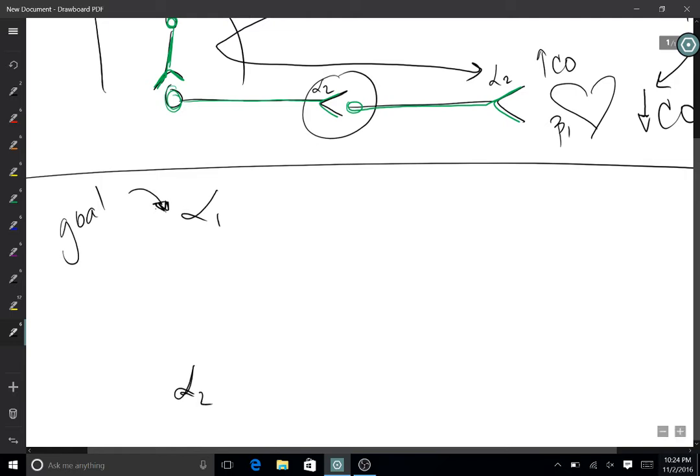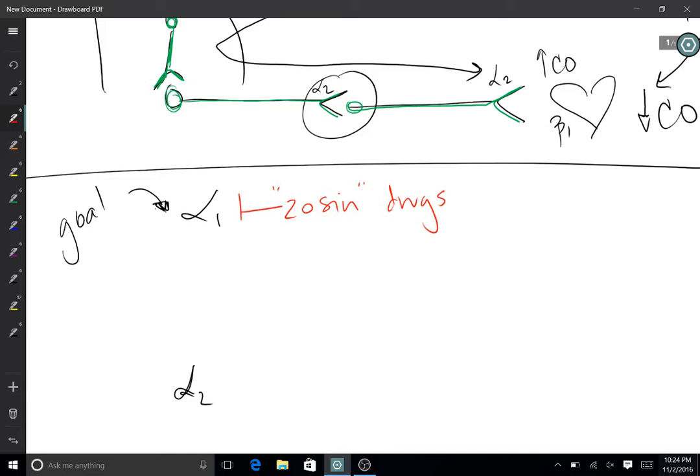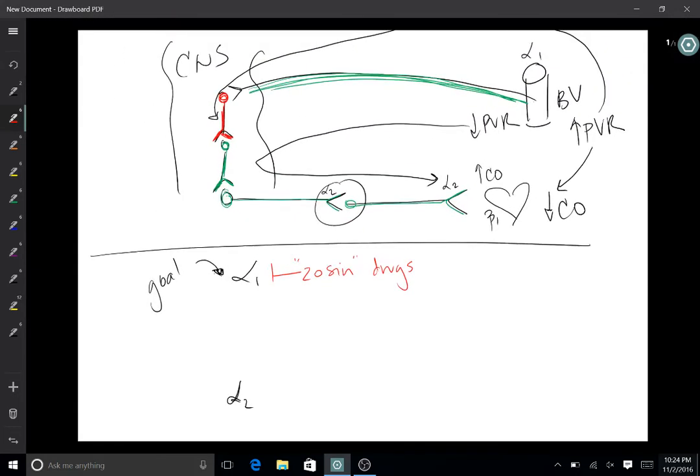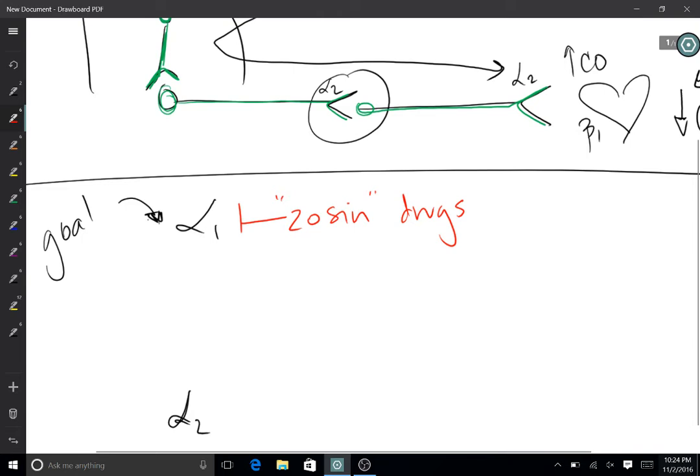Because we're talking about antagonists, I'm going to switch to red, so all of your Zosyns act here, and they're selective, and they really just block alpha 1. And with that, you will see somewhat of a compensatory increase in cardiac output because that's our body's natural response, right? That's what we just walked through above, but not a huge amount.